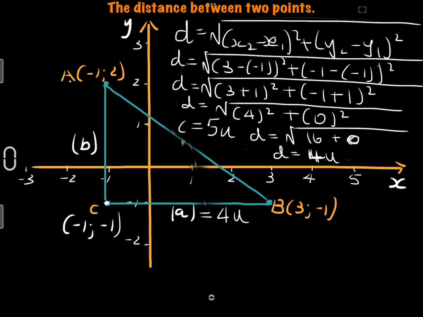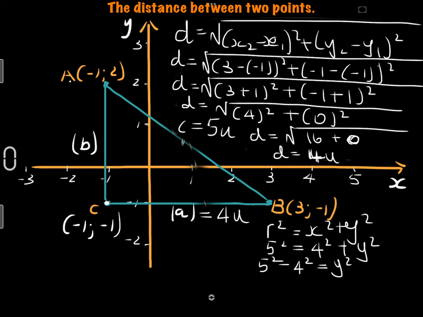Now, to use our Pythagoras theorem, we can just simply say r squared is equal to x squared plus y squared. We already have our r squared, which in this case, 5 squared, is equal to x squared, in this case 4 squared, plus y squared. That's what we need to find. We make it the subject of the formula, so we have 5 squared minus 4 squared is equal to y squared.